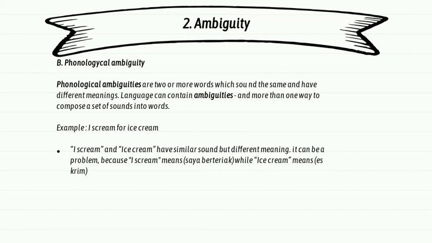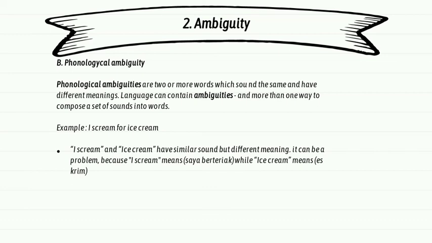Ice cream and I scream have a similar sound but different meaning. It can be a problem because I scream means saya berteriak, while ice cream means es krim. It's a problem because we just listen to sounds and cannot read it.